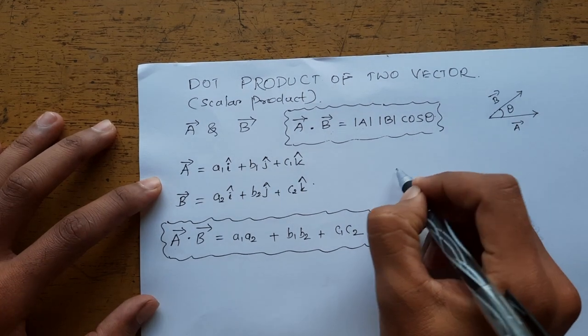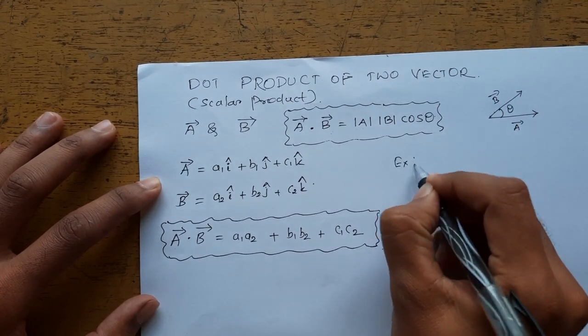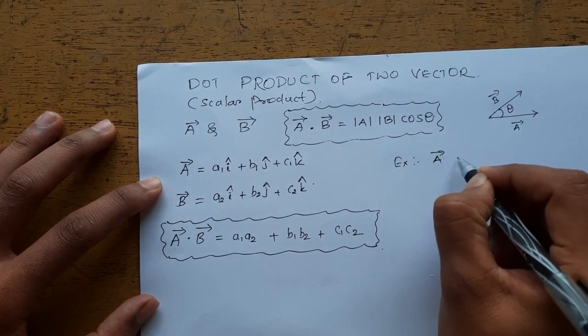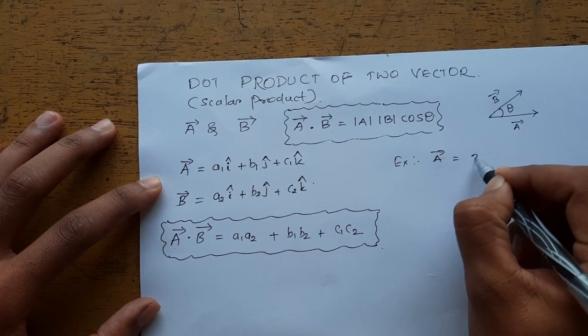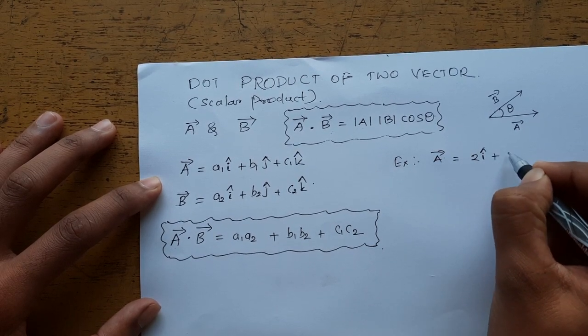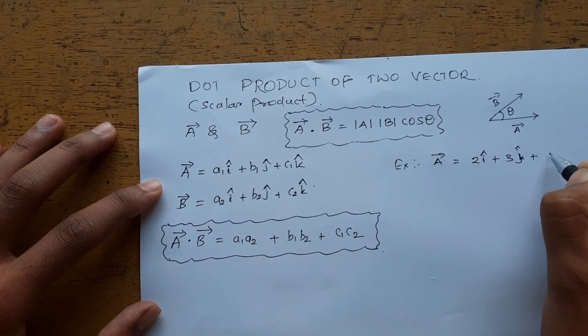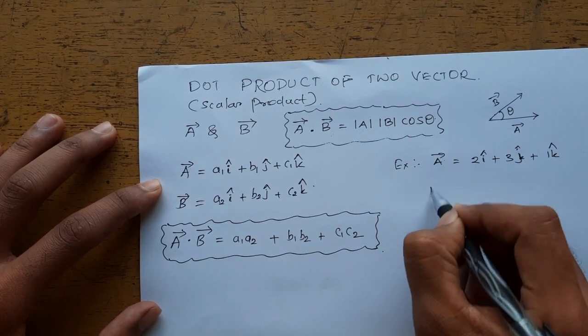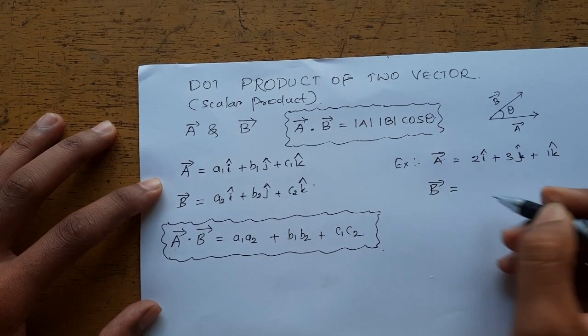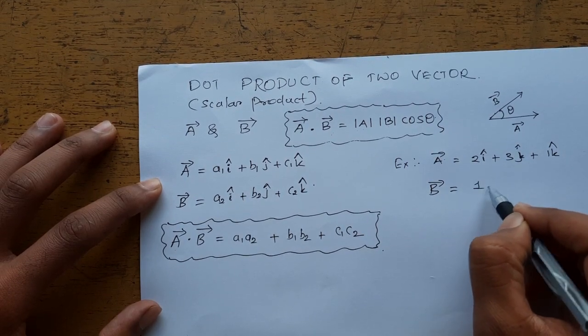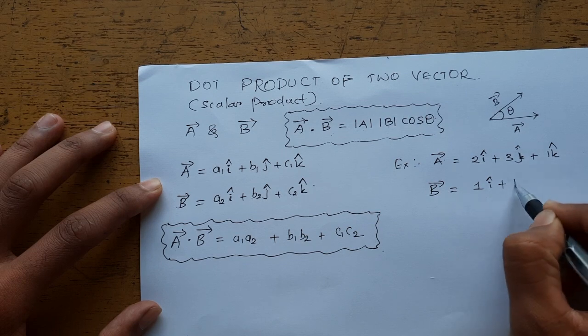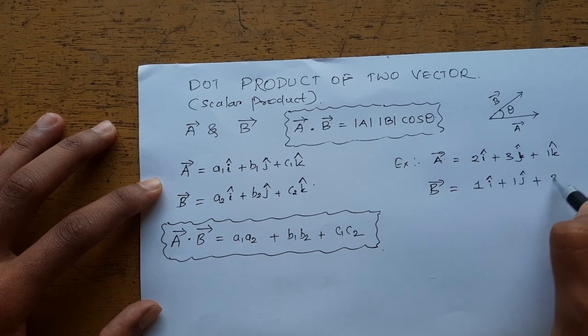So for example, let us say vector A is given by, say, some random values, 2i plus 3j plus 1k, and vector B is equal to 1i plus 1j plus 2k.